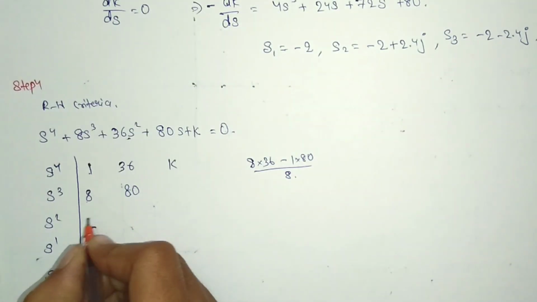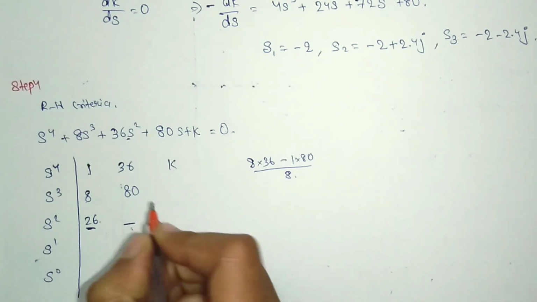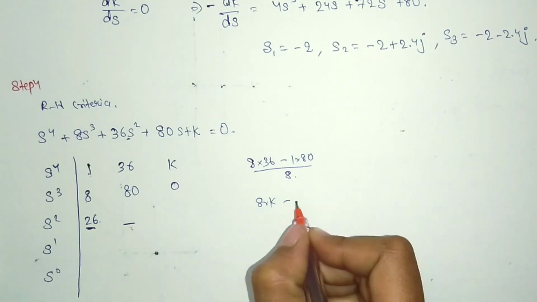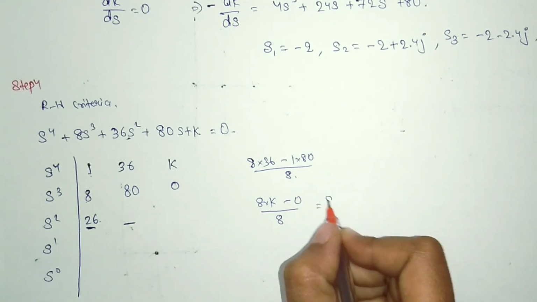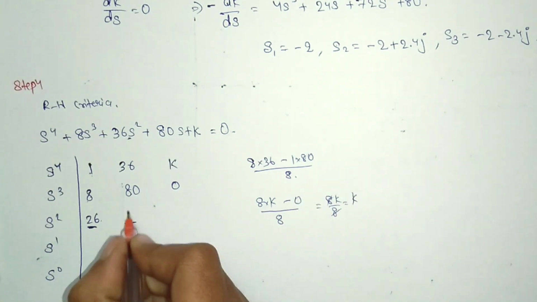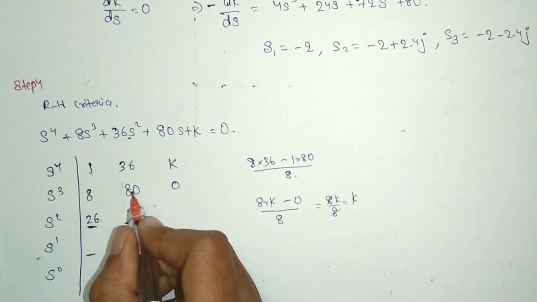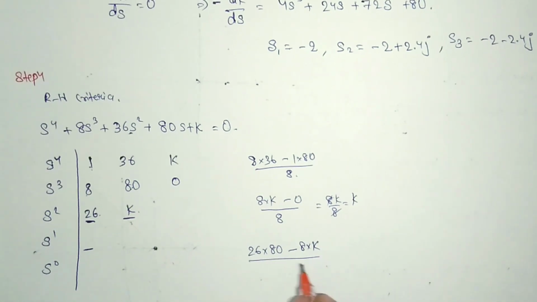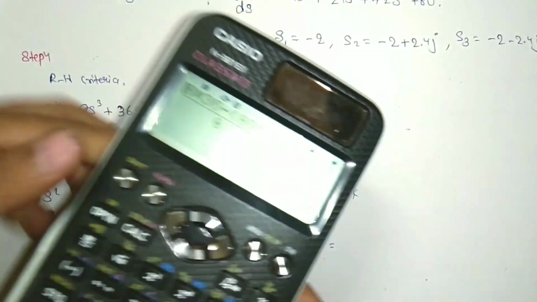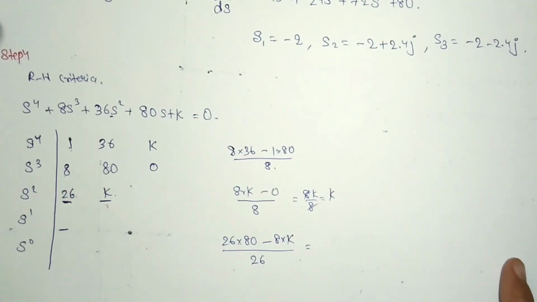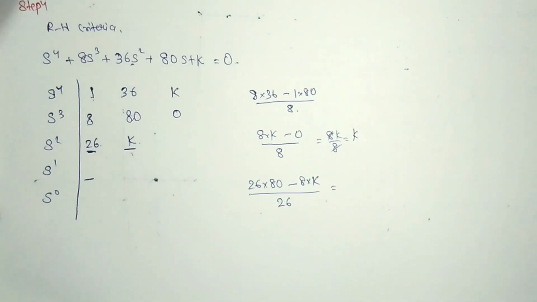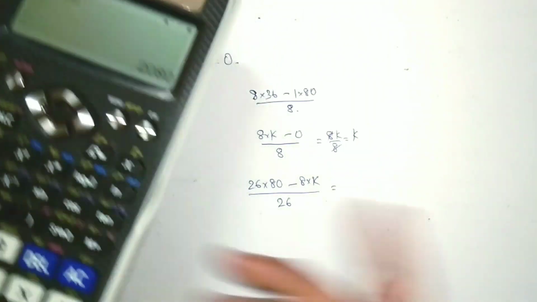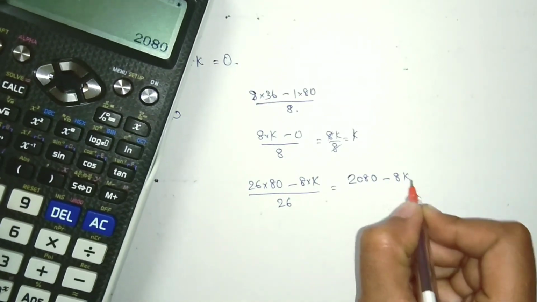So we will get it as 26. To calculate this number we multiply 8 into k minus 1 into 0, that is 0, divided by 8. So we will get k. For the next value we multiply 26 into 80 minus 8 into k, divided by 26.